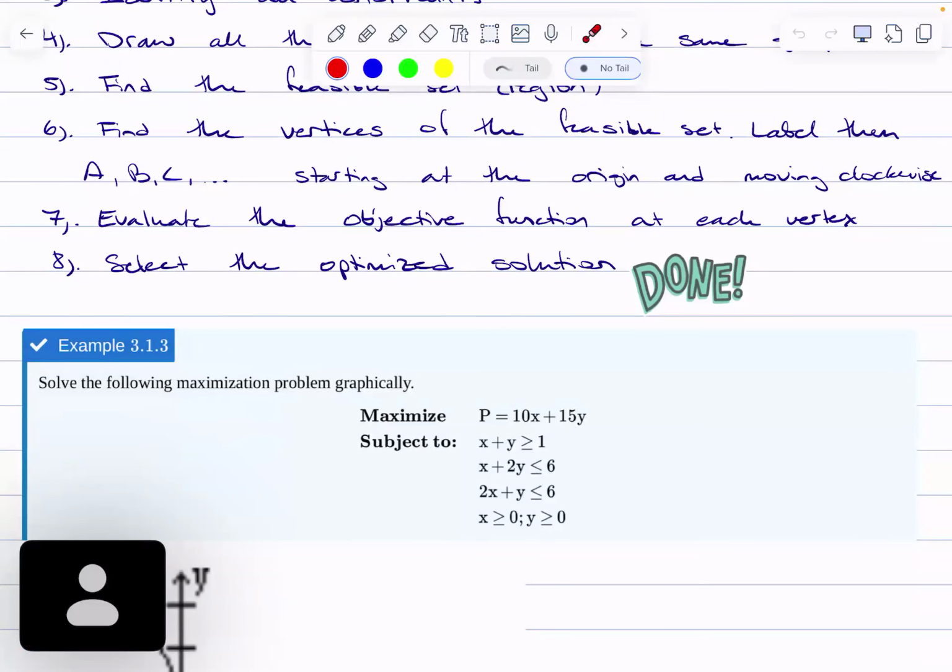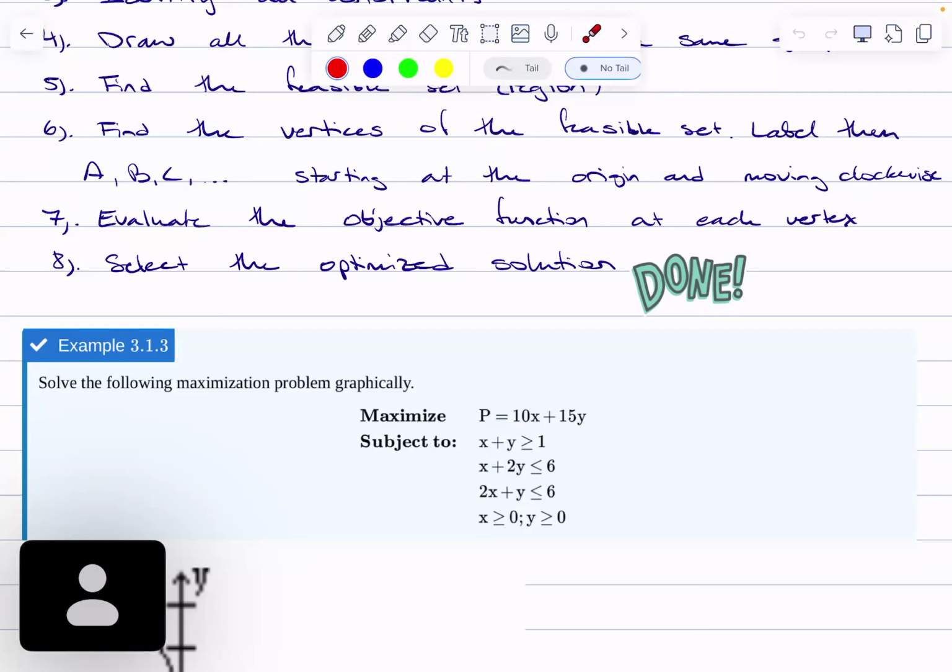Once you have the vertices, each vertex is going to be a combination of x, y that satisfies all of these constraints that we've set up. And so then we evaluate the objective function at each vertex. You plug in that value of x and that value of y, and you figure out what the profit is, or in this case, P, which is probably profit.